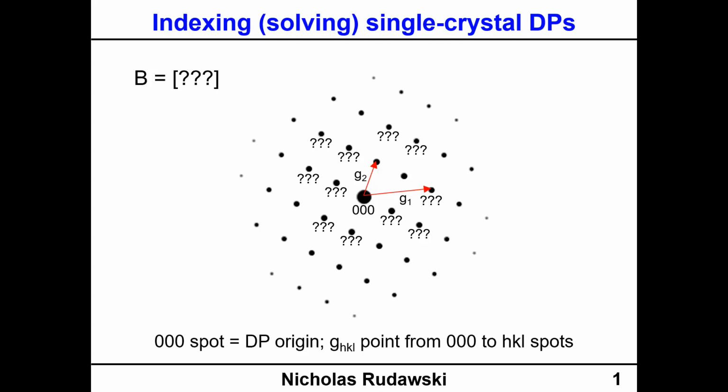By convention, your vector originates from the direct beam and points to a spot. Each of these spots has HKL indices associated with it, because they are associated with Bragg diffraction from the HKL set of planes. We want to figure out what those indices are for the spots.